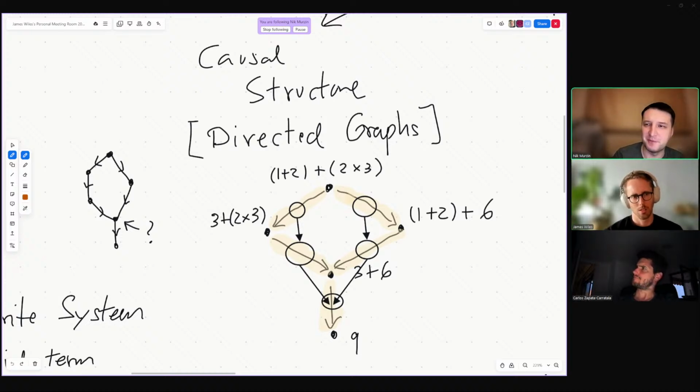I think there's some debate about it. I'm still not sure. I think the definition, at least for causal invariance, was that you run your term rewriting system and you get to the same term. But that's what we call confluence.